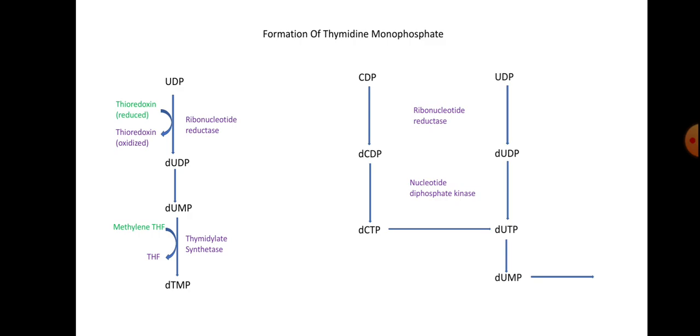This will then form dUMP, obviously by dephosphorylation, which is catalyzed by dUTPase, right? dUMP will now be converted to thymidine monophosphate, again by thymidylate synthetase.